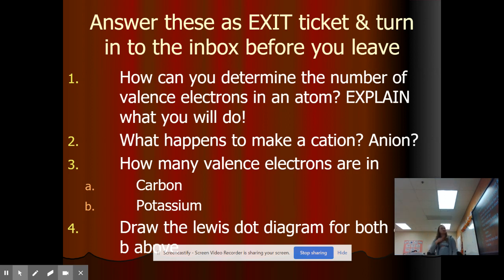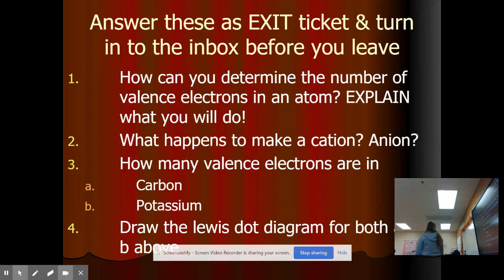All right, so we're going to actually write these on a little piece of paper. I'm going to take them instead of putting them in the inbox. You're going to answer these questions. You have them on your screen. I want you to write them on the bottom of these notes somewhere. When you submit them, I'll check them.